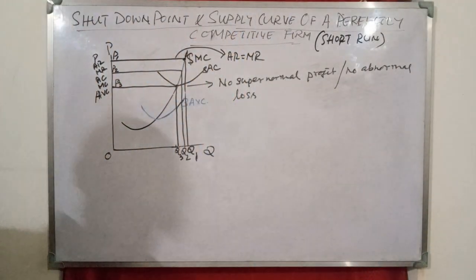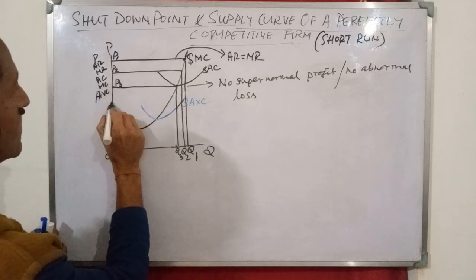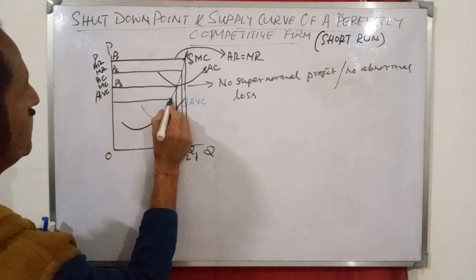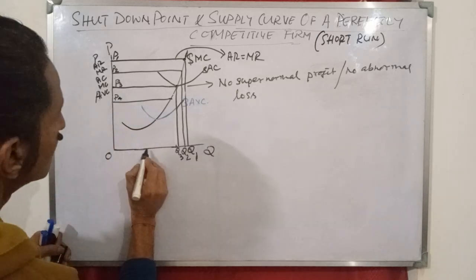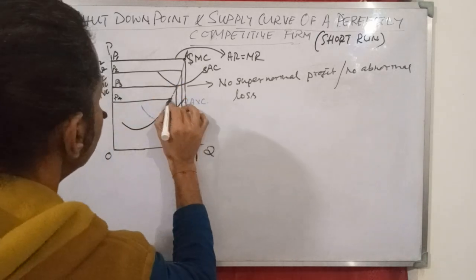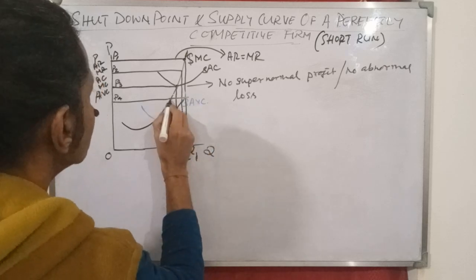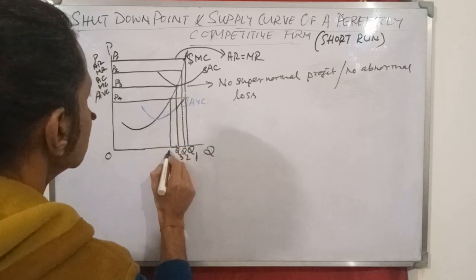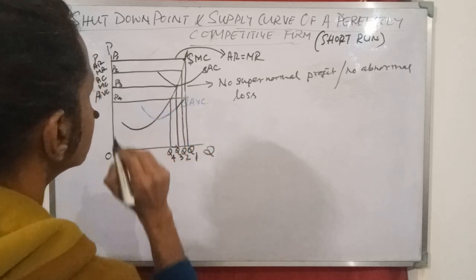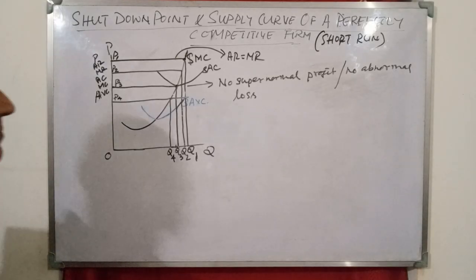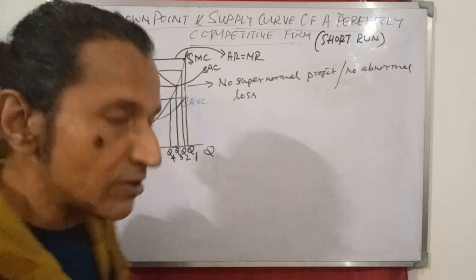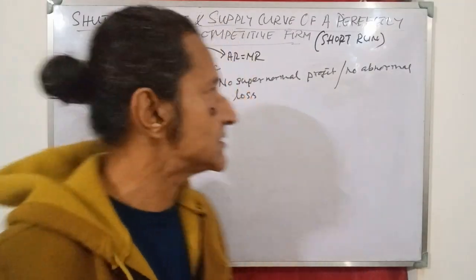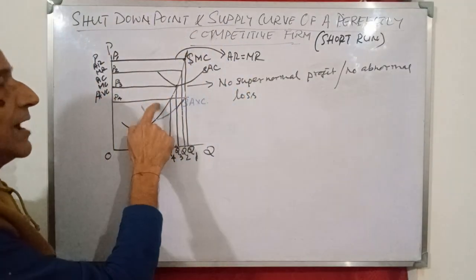Suppose the price further falls to P sub 4. Say this is P sub 4. So, equilibrium quantity will fall from Q sub 3 to Q sub 4. This is Q sub 4. Now you see, at price P sub 4, the short-run average cost curve lies above the average revenue curve.